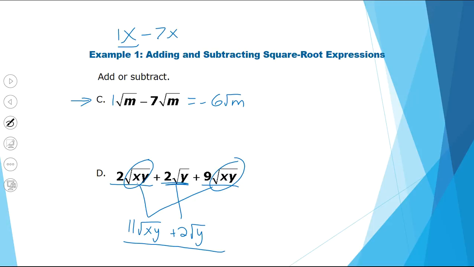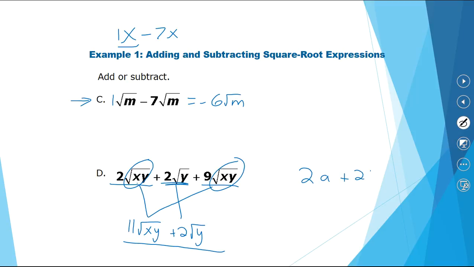This is essentially the same as, or related to, having something like 2a plus 2b plus 9a. Since these are both a terms, you combine them and get 11a. And since this is just a b term and it does not combine with an a term, you would bring it down and leave it as 2b. So it's very much equivalent to that. It's the same exact thing as combining like terms.